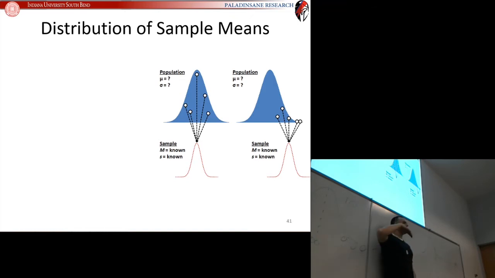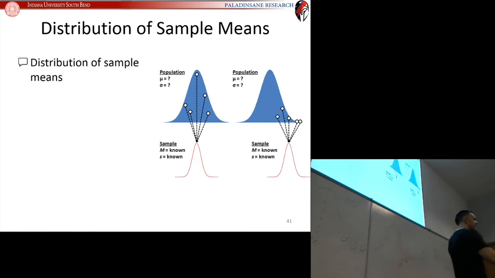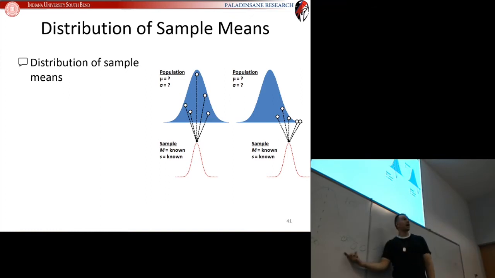So we're getting at inception level type thinking here. So the clearer you are on distributions and sample means, the easier this is going to be. So a distribution of sample means, that's the distribution that we're going to be using to say that this is highly unlikely to ever occur.